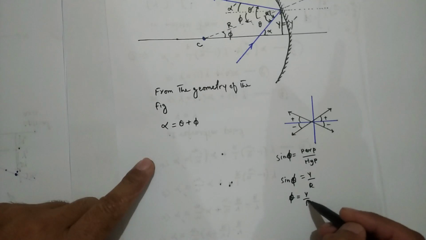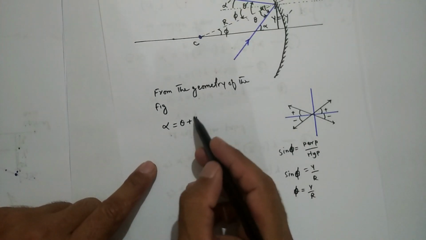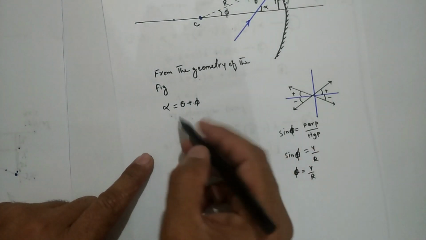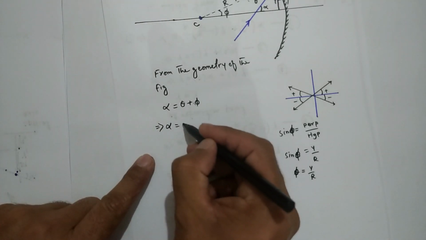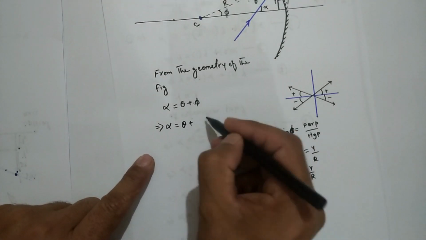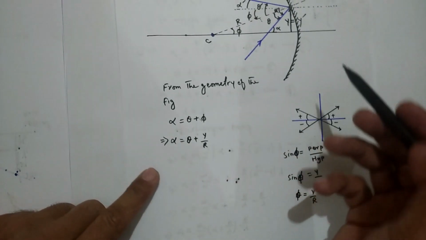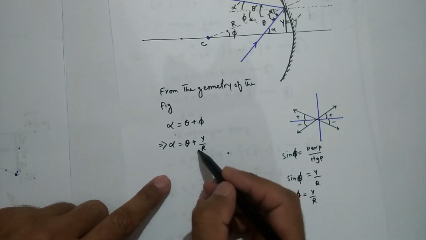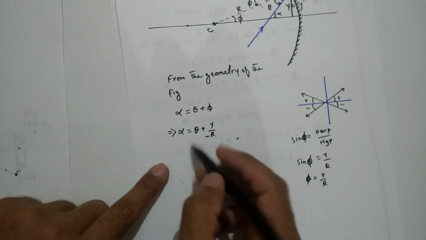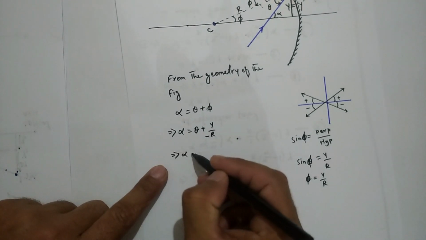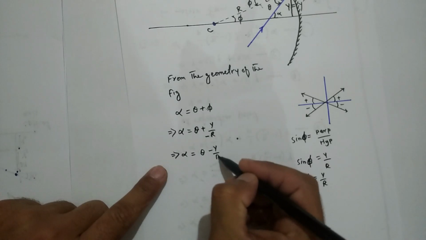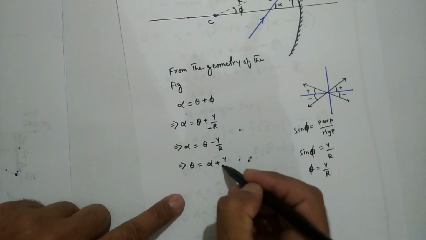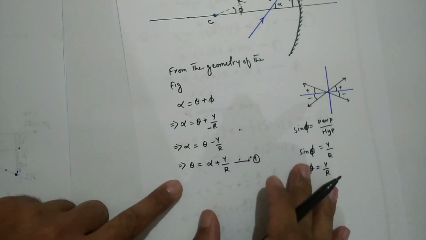Phi is equal to y upon r. So instead of phi we should write y upon r. So alpha will be equal to theta plus y upon r. As I told you, the radius for the concave mirror should be taken negative, so I write minus r, and alpha will be equal to theta minus y upon r, or I can write theta as alpha plus y upon r. Let this be equation number first.